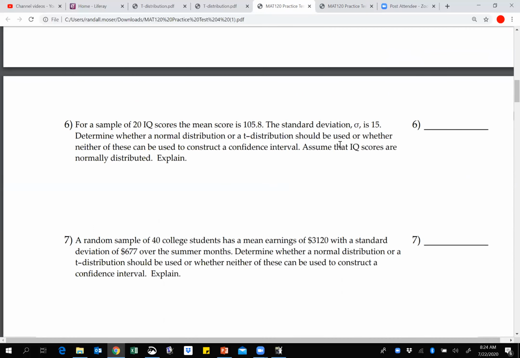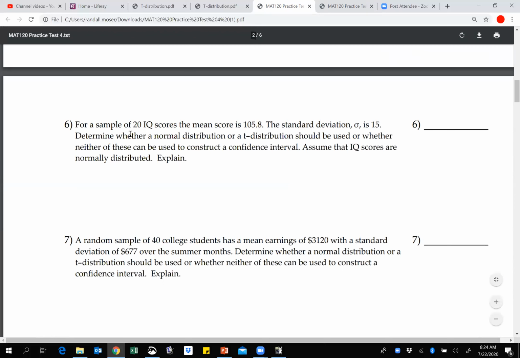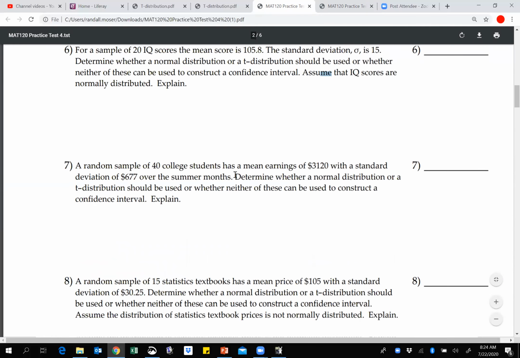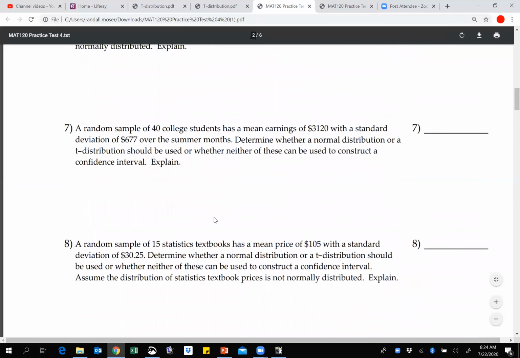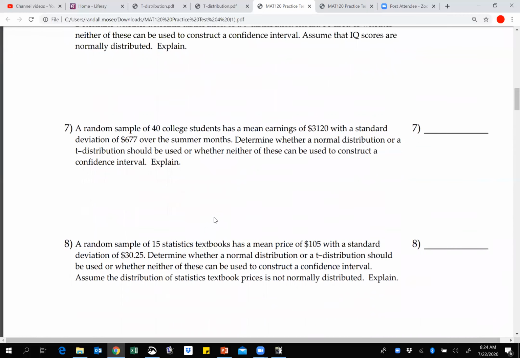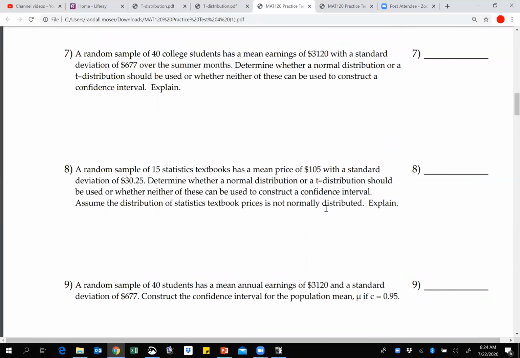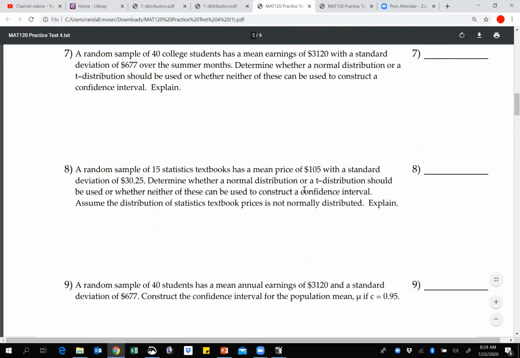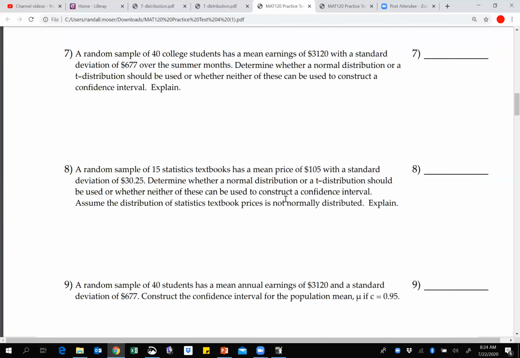So assume they're normal, right? All of these other ones had that extra line where they say to assume the data set is normal. For our exam, you can assume that every data set and every problem is normally distributed, okay? I'm not going to throw a curveball on this one where it would be a neither. But technically, they would need to add in the extra line that the information is normally distributed in order for us to use either a z-score or a t-score.